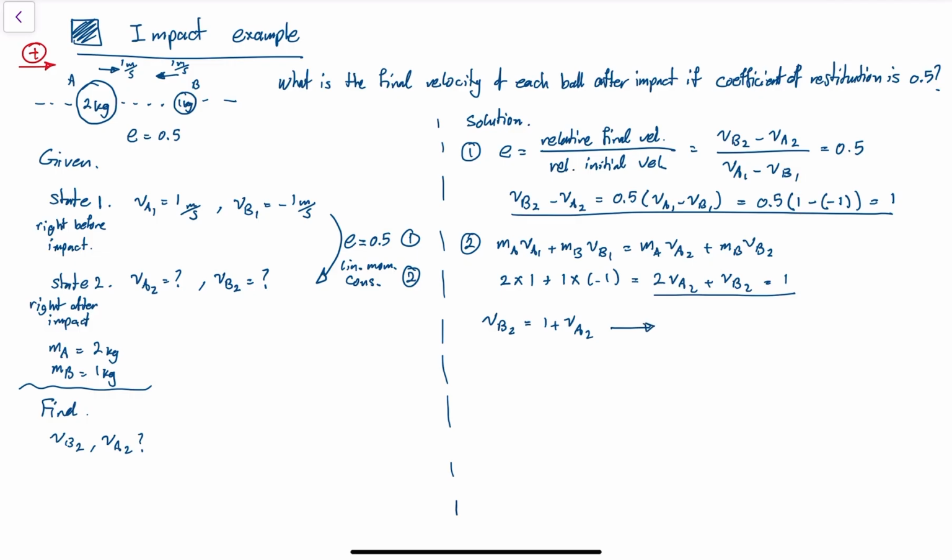Plug it into the second one. 2VA2 plus VB2, which is 1 plus VA2, equals 1. So here I have 3 VA2. What? Plus 1 equals 1?